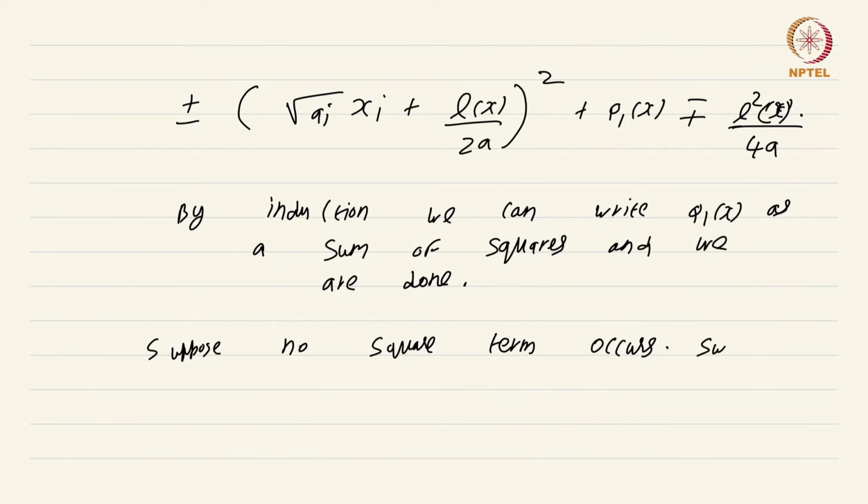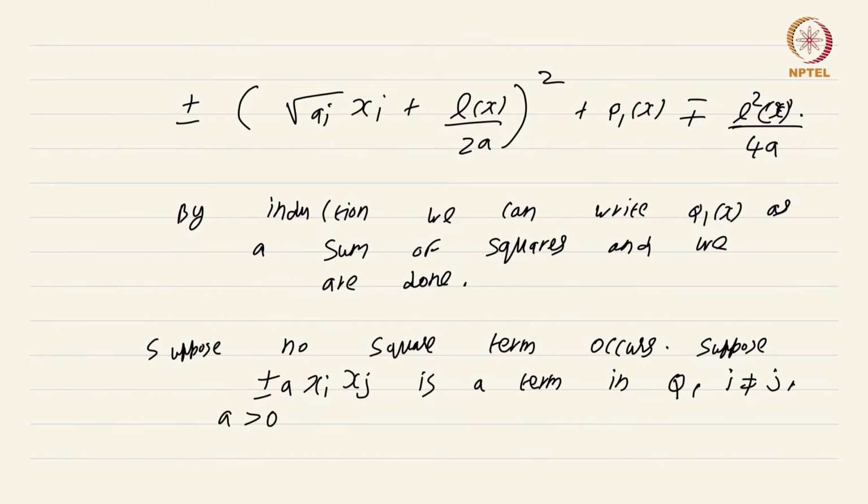So suppose plus or minus a xi xj is a term in Q. Here of course i is not equal to j, by assumption no square term occurs. And we are going to also assume as usual that a is greater than 0. Suppose we have such a non-square term.